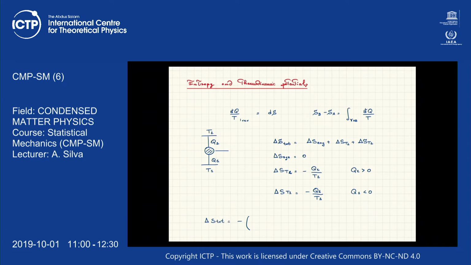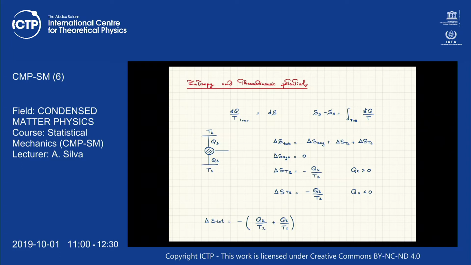What you just said comes from the fact that Q2 is positive, and therefore this delta S is positive, and Q1 is negative. Sorry, this is negative, and Q1 is negative, and this is positive. Okay? So if I put these two things together, plus Q1 over T1, and this is what?